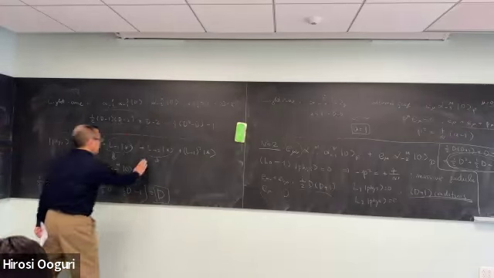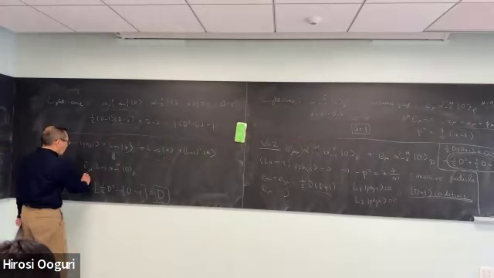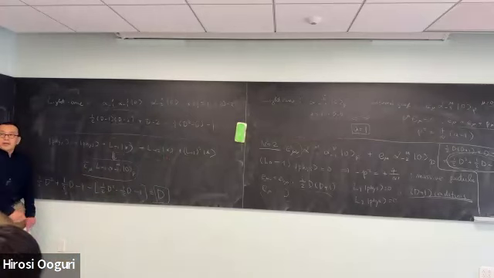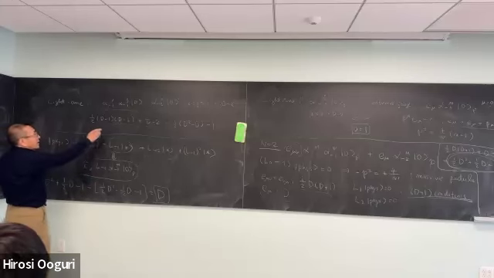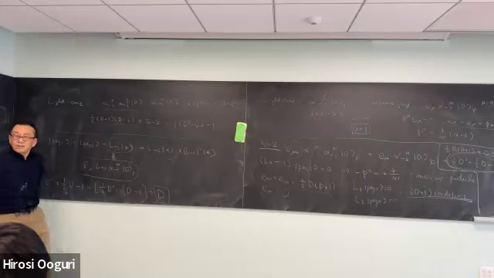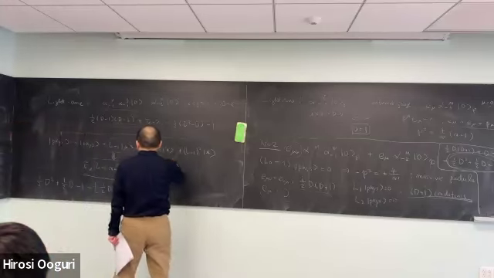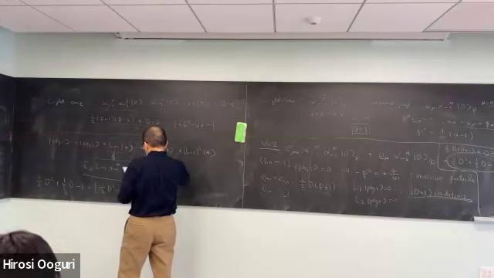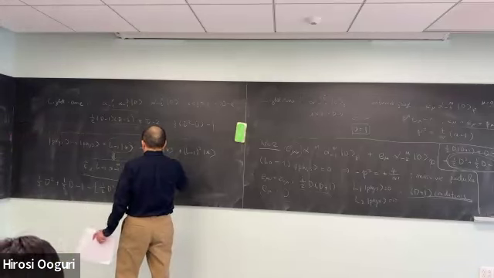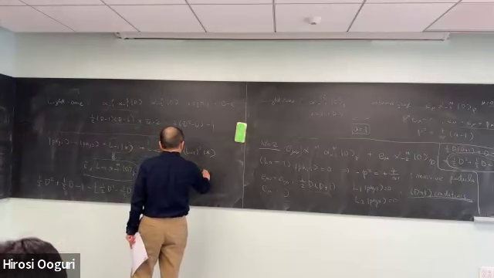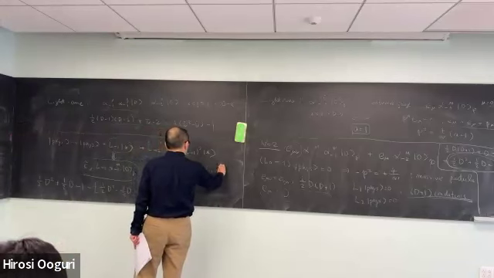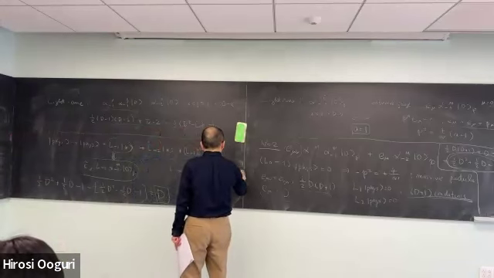Now, it looks like we can almost remove this state just by using this. Right? But it doesn't quite work that way because this itself should satisfy the conformal gauge condition. So we need to require that this state satisfies L2 of E mu tilde L minus 1 alpha minus 1 mu is equal to 0.